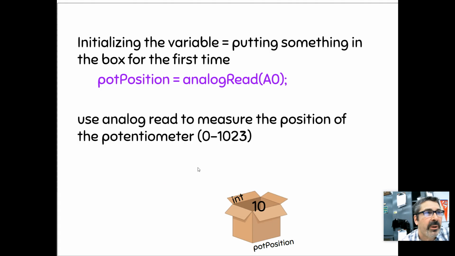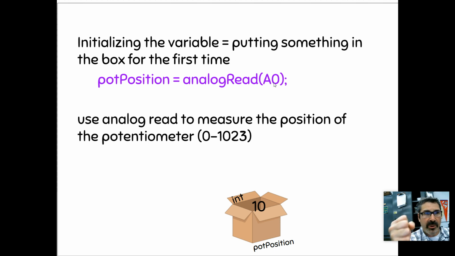All right. So here we go. Initializing the variable equals putting something into the box for the first time. So when we say pop position equals analogRead A0, we use analogRead. So analogRead is a method call. So it's like, hey, analogRead. And it's like, oh, I know how to do that. Which thing would you like to read? Oh, I want to read A0. So it reads it. And the whole point of that method call is it gets that information, right?